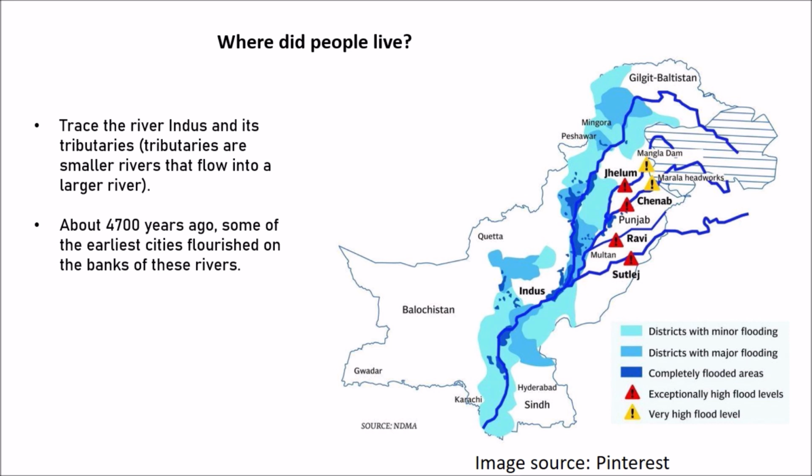It is about 4,700 years ago. Some of the earliest cities flourished in the region of river Indus and its tributaries. You can see on the screen the river Indus shaded in blue with all its tributaries. On the red dots, you can observe Sutlej, Ravi, Chenab, and Jhelum, the main tributaries.